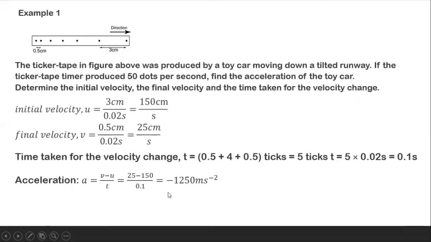So we put in the formula, or no, we have to find t first. t is 0.5 plus 4 plus 0.5. 5 times 0.2, we get 0.1, and substituting in the formula, we get negative 1250.